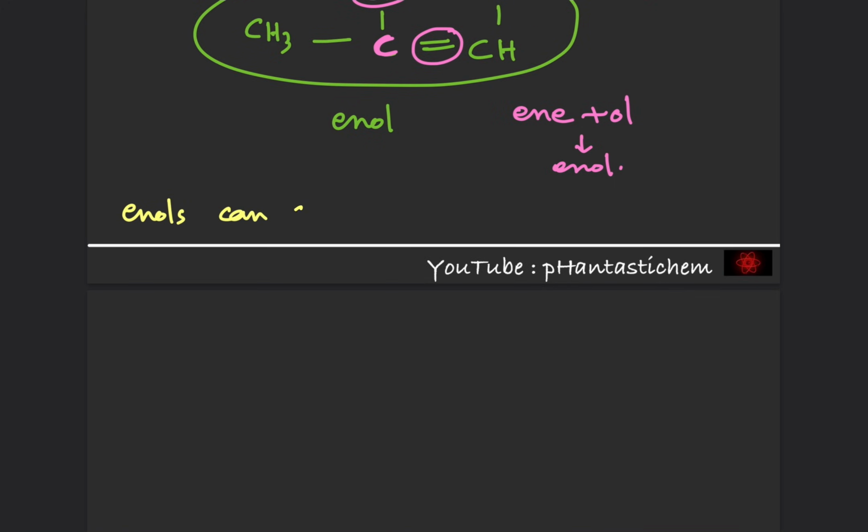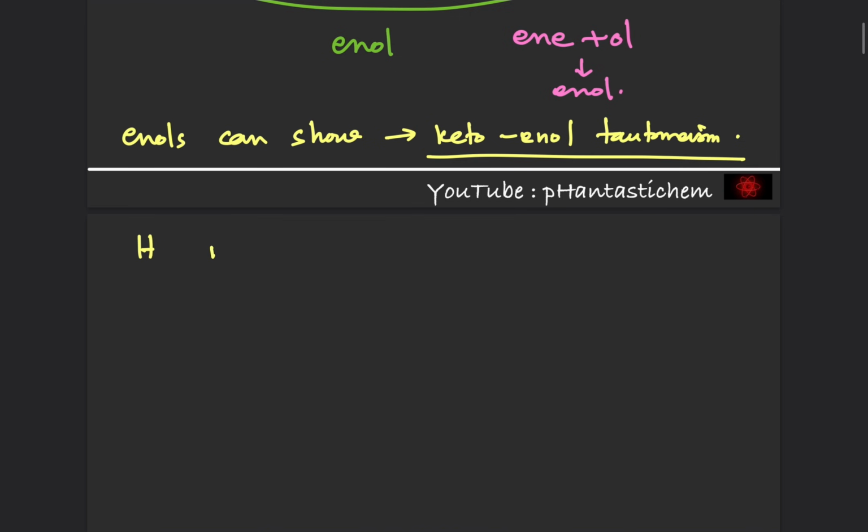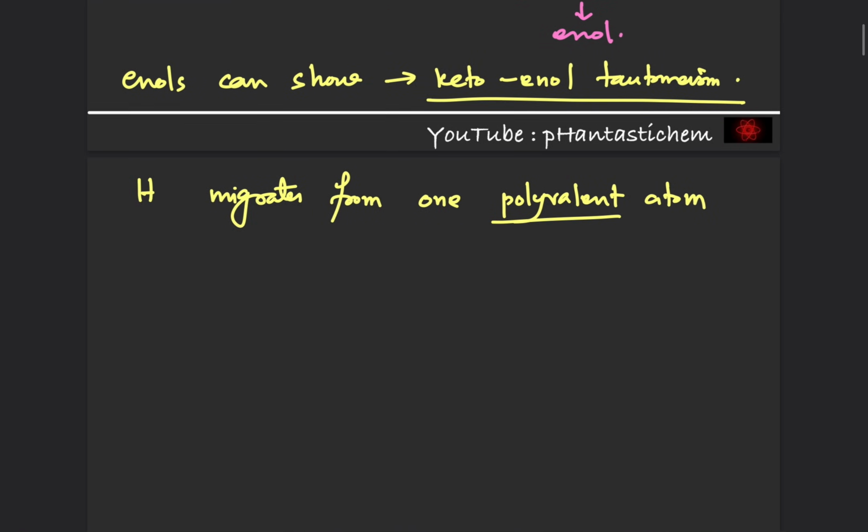In keto-enol tautomerism, hydrogen migrates from one polyvalent atom, that is having more than one valency, to the third polyvalent atom within the same molecule.